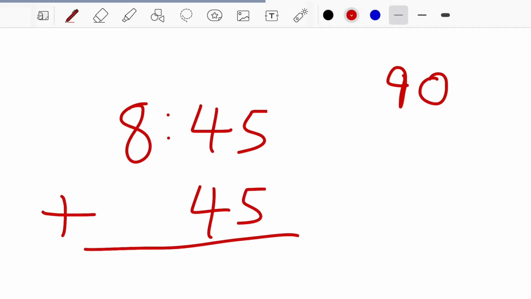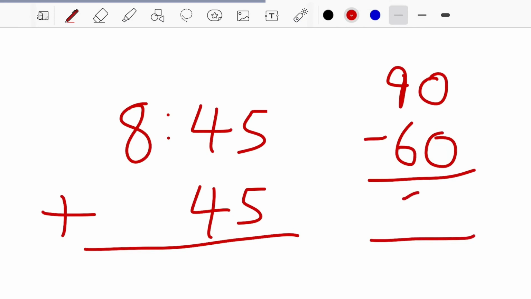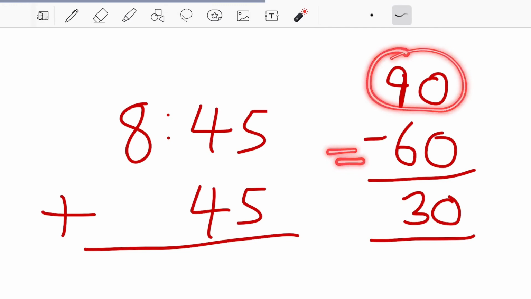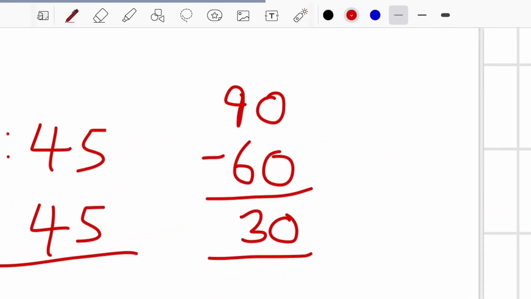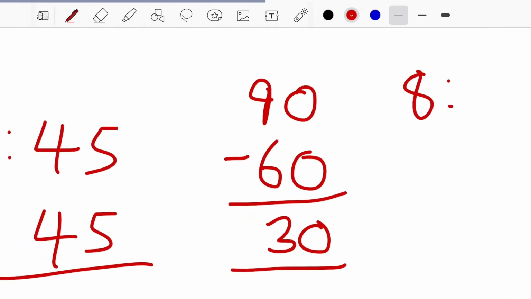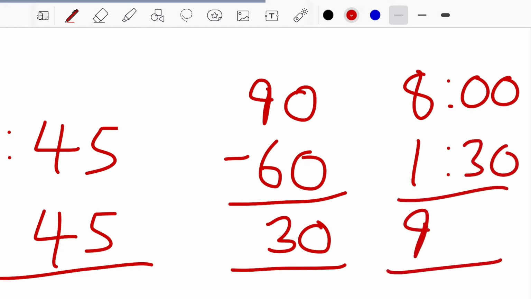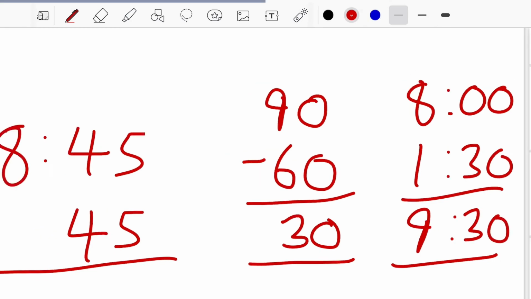So once we cross 60, so 60 and above, we want to convert that time to hours and minutes. So we can do that by subtracting 60. So 90 take away 60 is 30. So 90 is equal to 1 hour and 30 minutes. So that really is 8 o'clock plus 1 hour and 30 minutes. So that brings us to 9:30 a.m.